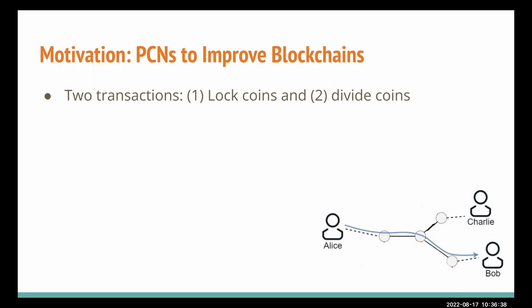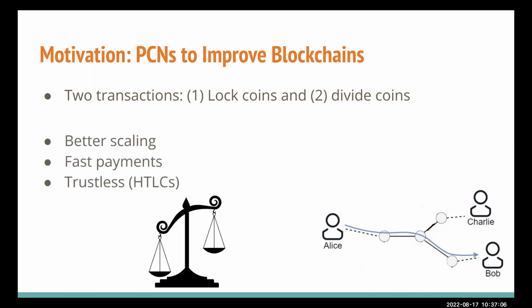This happens inside the blockchain. Then outside of the blockchain, we do many payments, which are different divisions of the same locked funds. And when we decide that this is the last division we want, we just commit it back to the blockchain. So we were able to create a lot of different coin transfers with just 2 transactions in the blockchain.